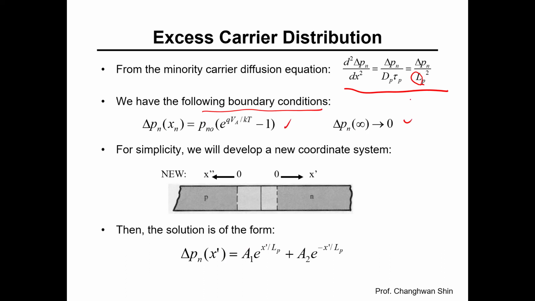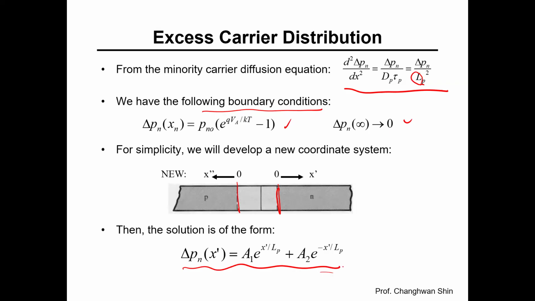For simplicity, we will use a new coordinate system where the depletion region edges are at x' equals 0 and x2' equals 0, with x' extending into the n region and x2' extending into the p region. The general solution to the diffusion equation is delta p sub n of x' equals A1 times exponential of x' over L_p plus A2 times exponential of minus x' over L_p.